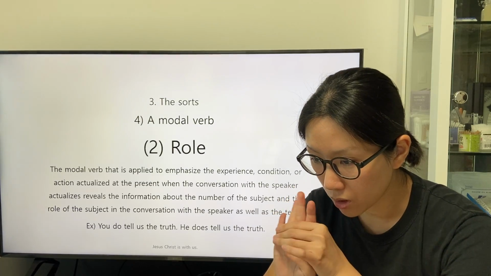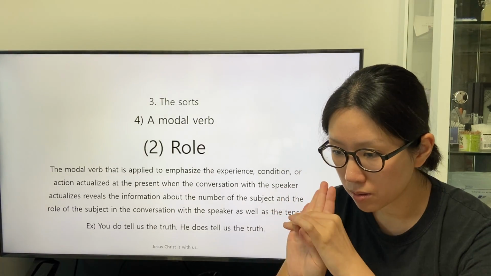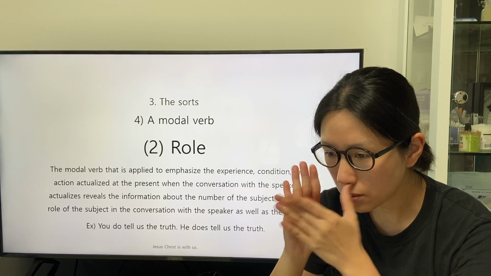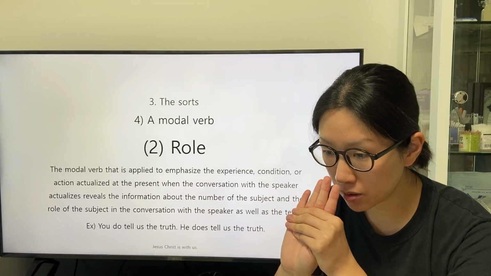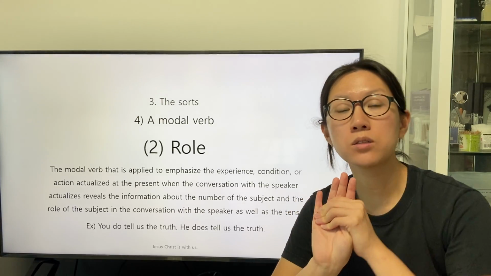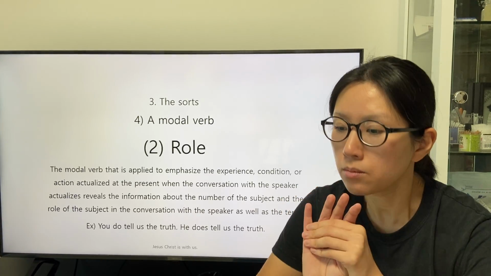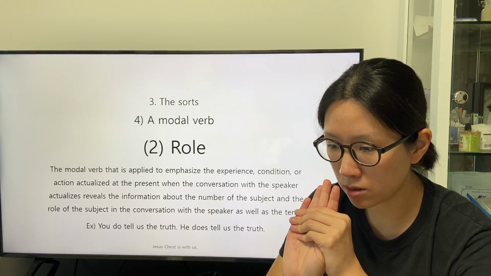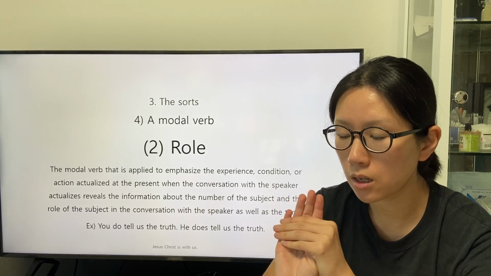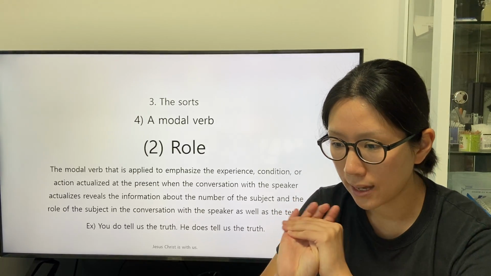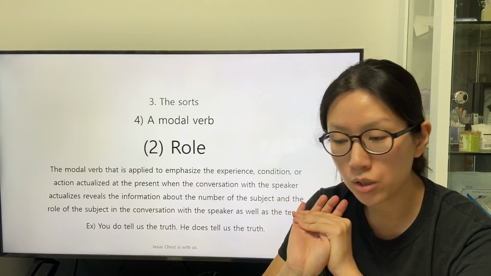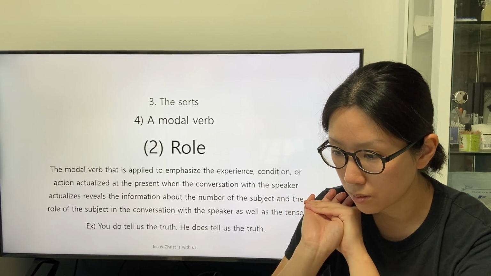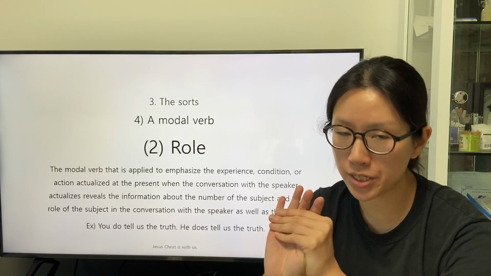The fourth classification of subject is this. The number of the subject is not 1, and the subjects do not participate in the conversation with the speaker and the listeners.